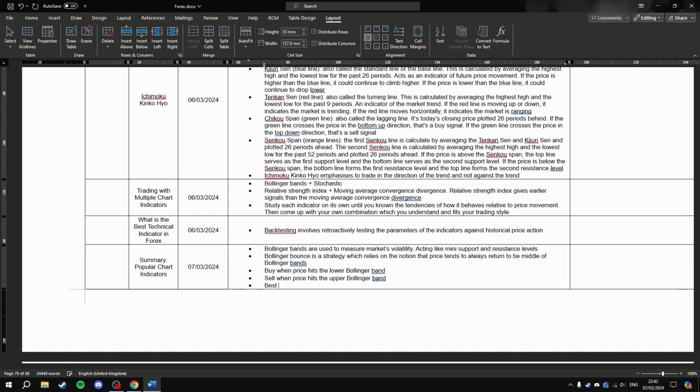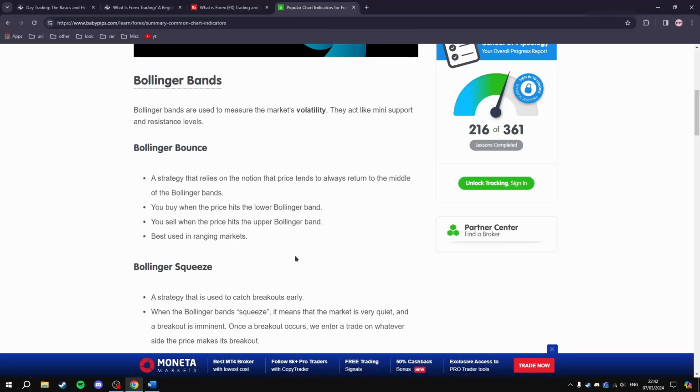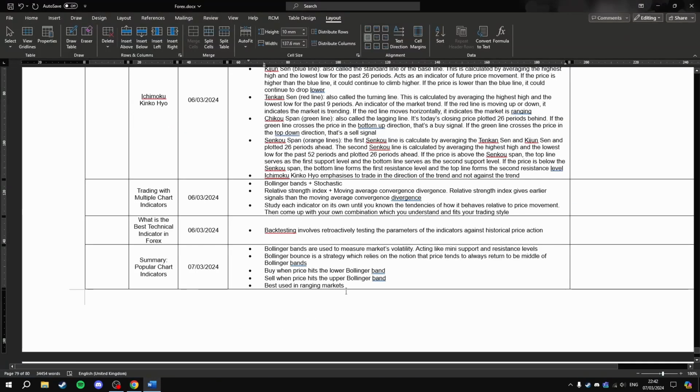Best used in ranging markets. That's the Bollinger bounce.